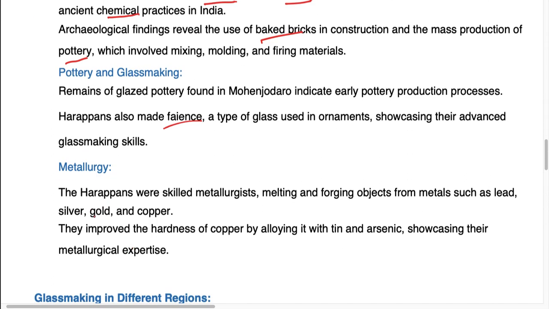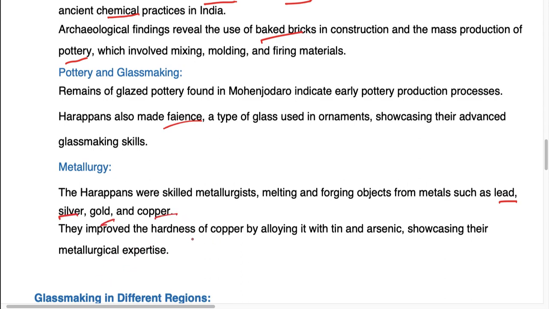Metallurgy. The Harappans were skilled metallurgists, melting and forging objects from metals such as lead, silver, gold, and copper.